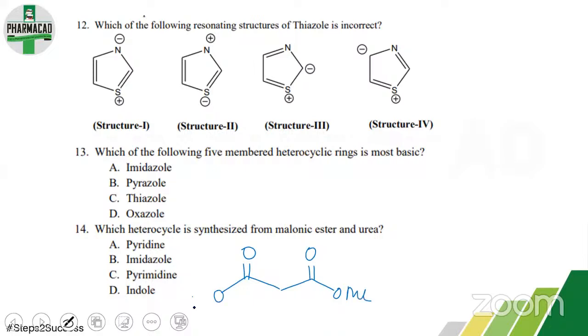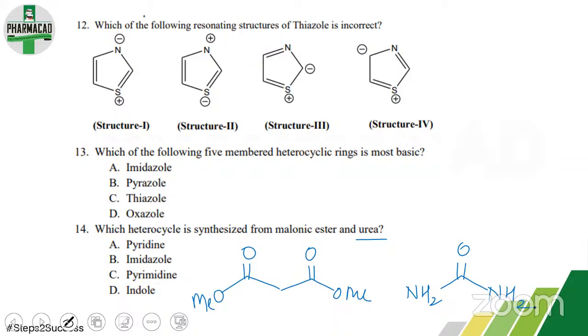And urea. Now what is urea? Urea is NH2, C double bond O, NH2. So first thing you have to see whether the given compound is having 2 nitrogens in that structure or not.